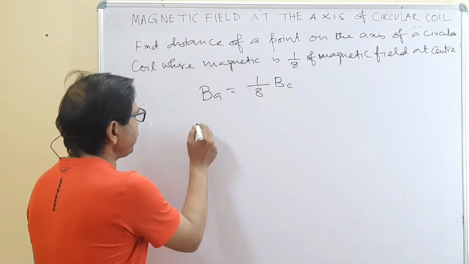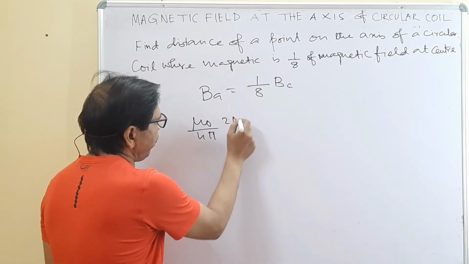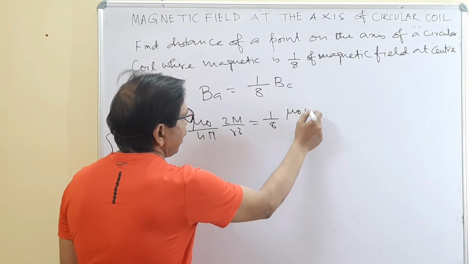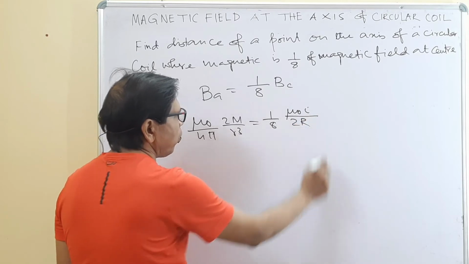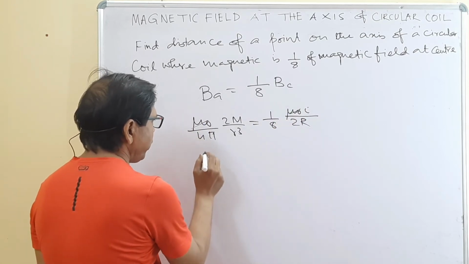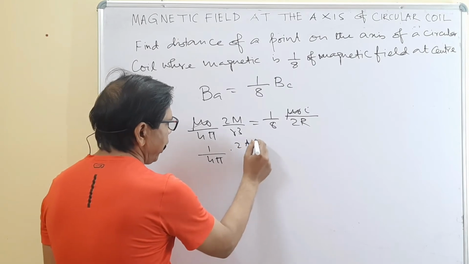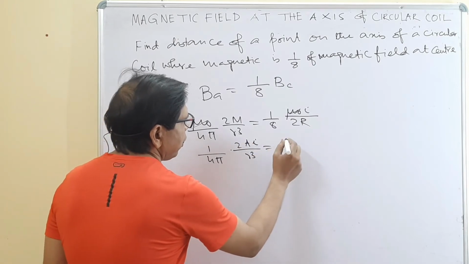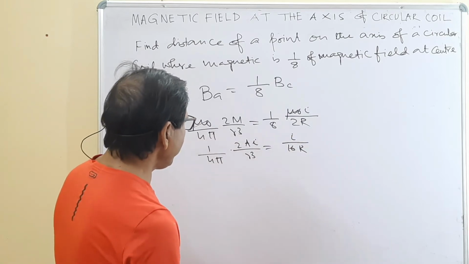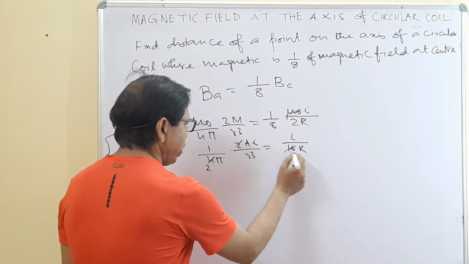The field on the axis is μ₀/4π · 2M/r³, and this is 1/8 of μ₀I/2R. Now μ₀ cancels out. So 1/4π · 2AI/r³ equals I/16R.